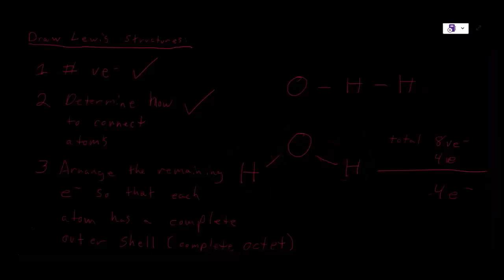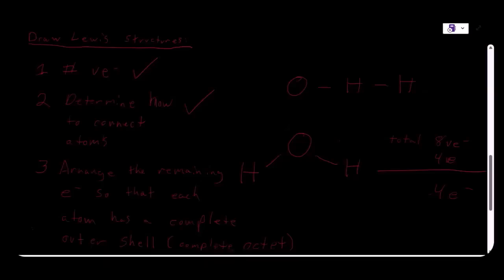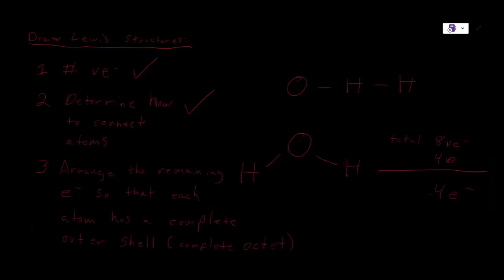And oxygen would require 8 valence electrons to complete the outer shell. So we can see that oxygen has 2 bonds, which would bring it to 4 electrons, so it would need 4 additional electrons to fill the outer shell and bring it to a complete octet. So we would put the remaining electrons on oxygen. The third step is complete, and that would leave us with a Lewis structure that looks like this for water.